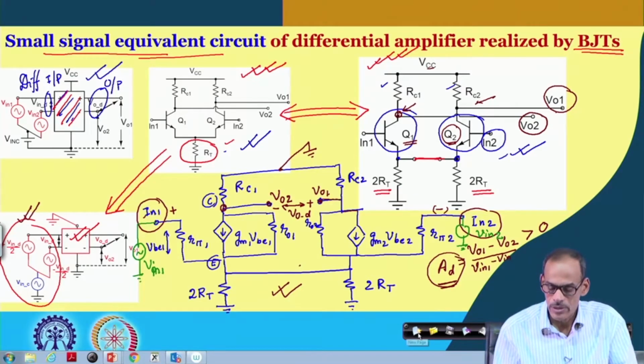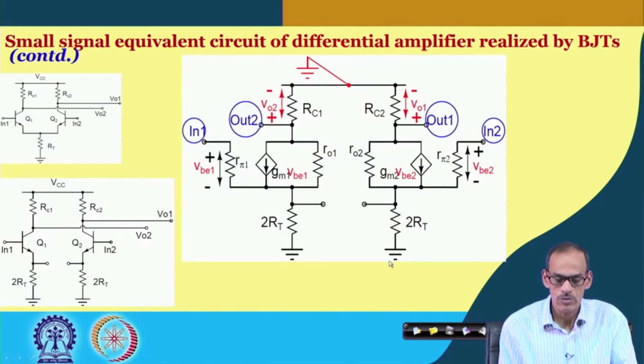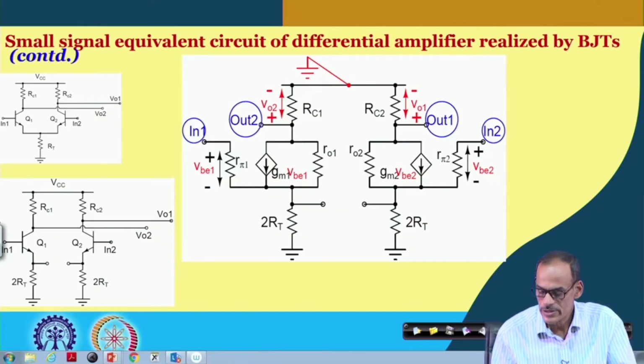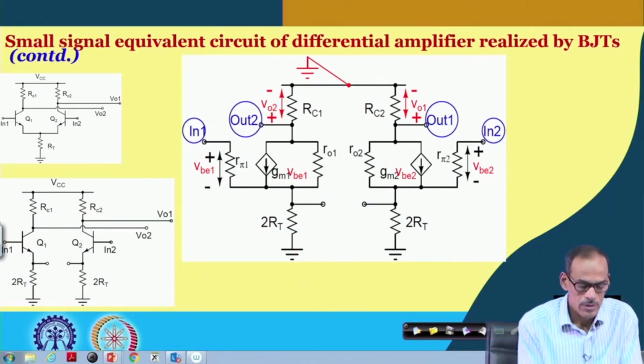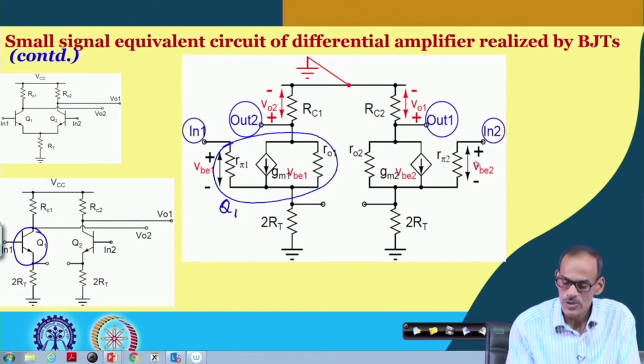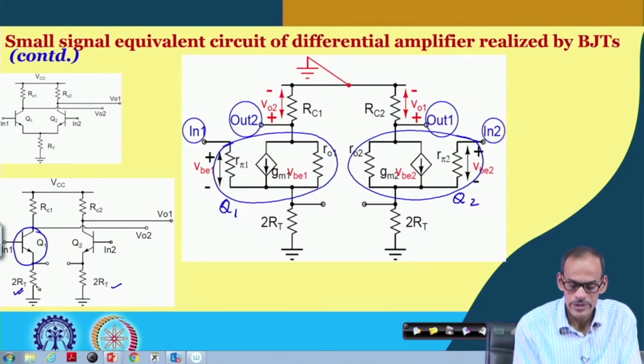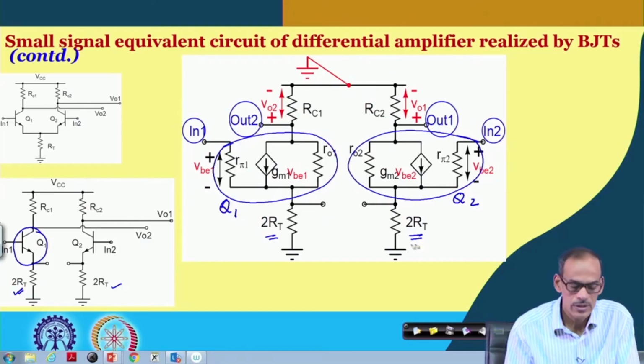So, in summary we have drawn the clean small signal equivalent circuit here. Just now what we discussed is shown here. Out of Q1 we have drawn the small signal equivalent circuit here. So, this is for Q1. Likewise we have the small signal equivalent circuit for Q2, and then the 2 RT tail resistors, and then the load resistors RC1 and RC2.